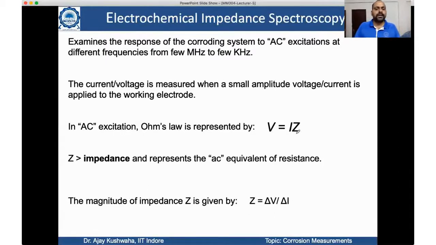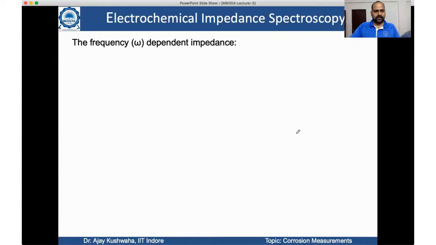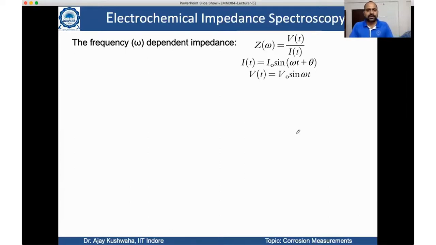And the magnitude of impedance Z can be given as the change in the voltage with respect to the change in the current. So Z equals delta V by delta I. Now the frequency dependent impedance. Because we are changing the frequency, we can write Z(omega).